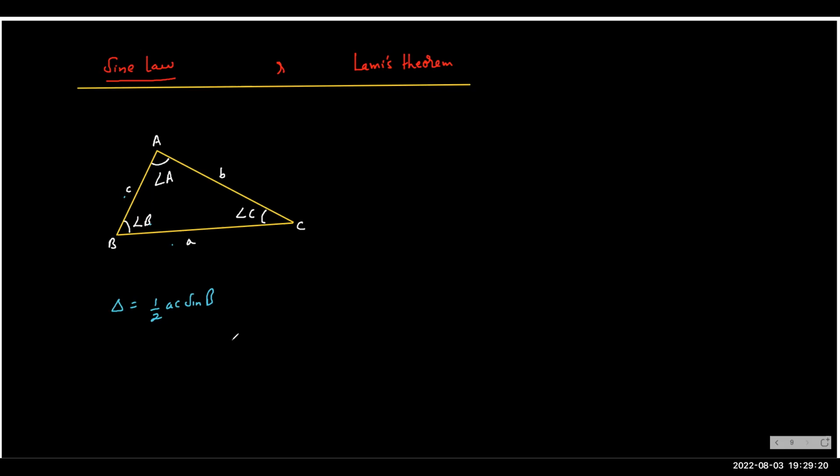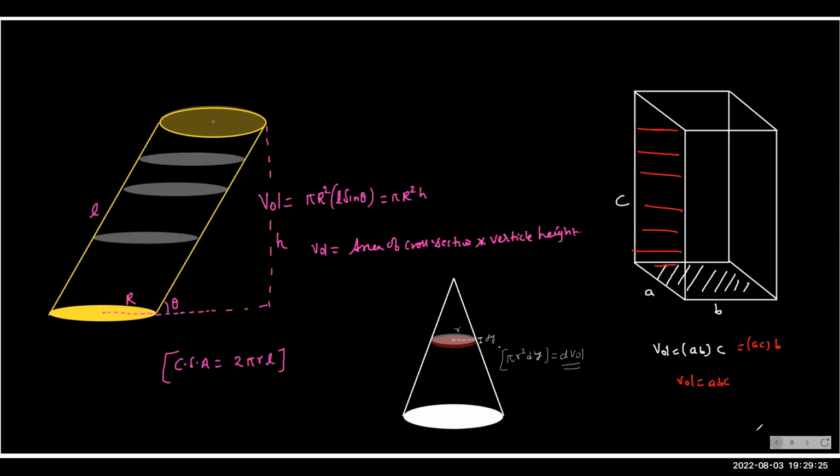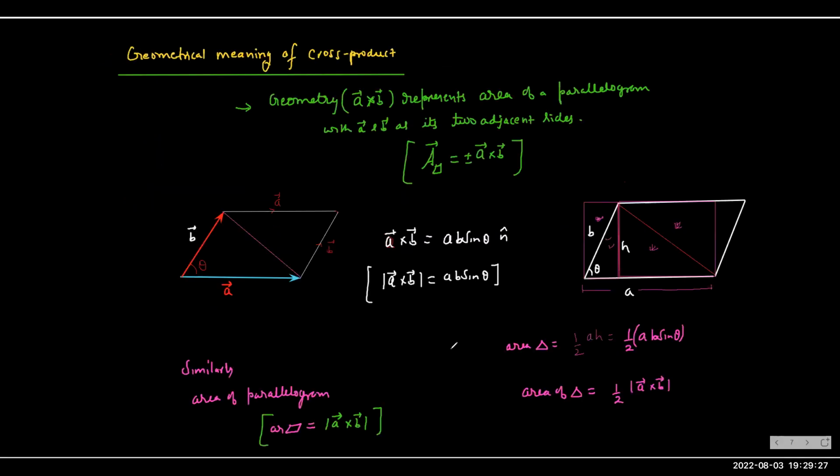Yes or no? We have done this before. Area of a triangle is what? AB sin theta. For this angle theta, is it half AB sin theta? Yes or no, guys? Yes, sir.